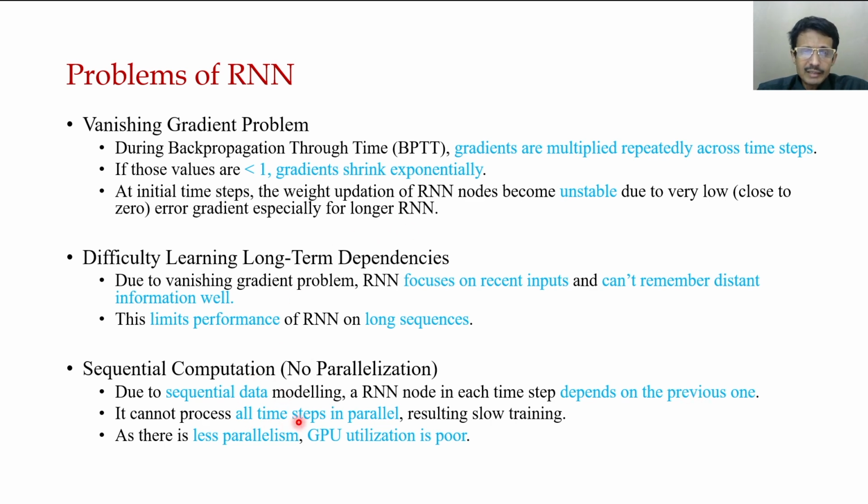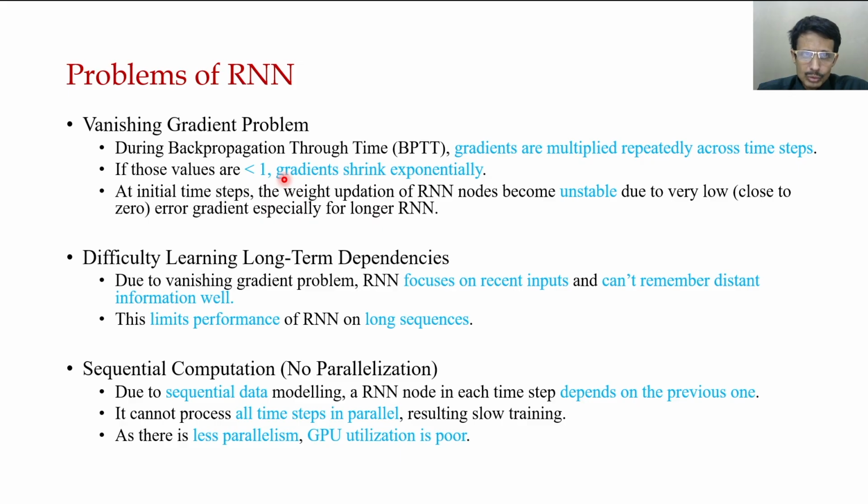Due to this sequential nature, all time steps cannot be computed in parallel. Since there is very little parallelism, the result is very slow training, because no parallel processing is there. And due to this, the GPU utilization is not that good. So these are the major problems that RNN is going to face.